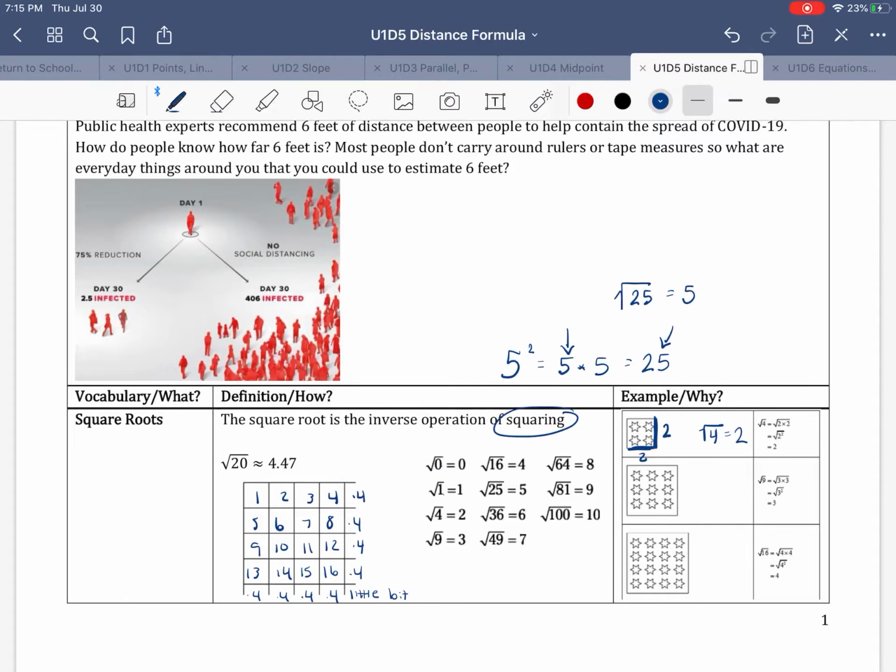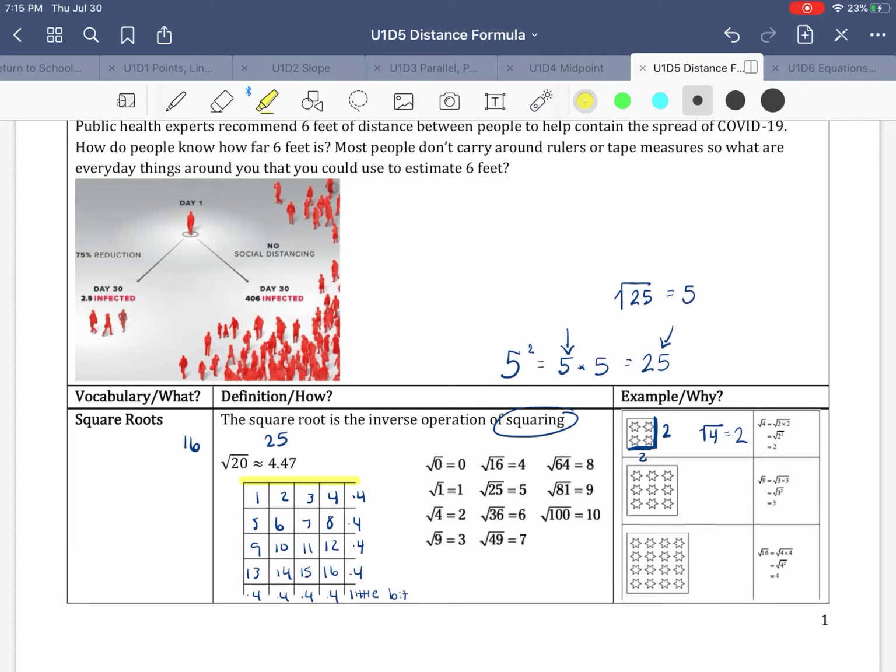In order to figure out the square root of 20, we know it's going to be between 4 and 5, because our perfect squares are 16 and 25. It's a number in between. If we think about one side here, we know 1, 2, 3, 4, and then a little bit more, so about 0.4.